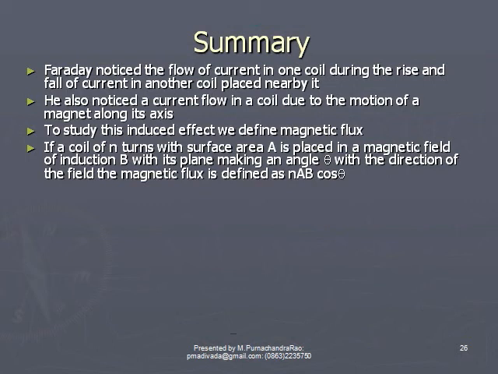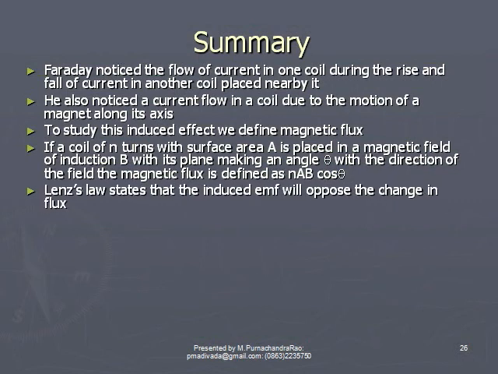We can calculate magnetic flux from the relation NAB cos theta. Here N is the number of turns. A coil of N turns with surface area A, if placed in a magnetic field such that the surface of the coil makes an angle theta with the direction of the magnetic field, has flux defined as NAB cos theta.